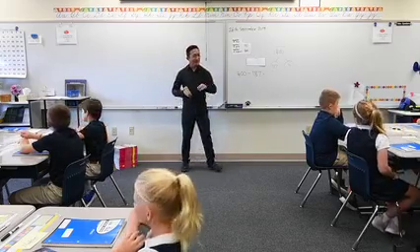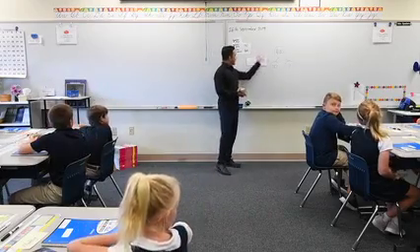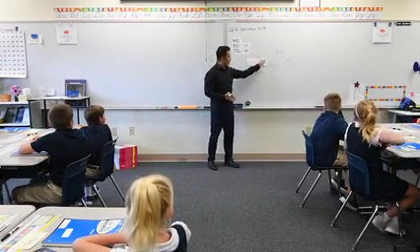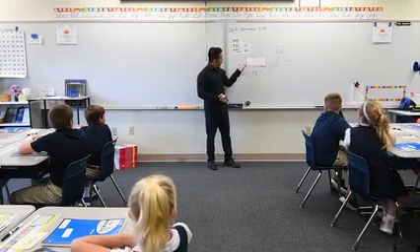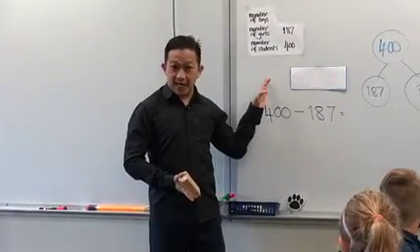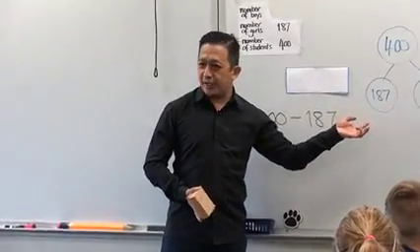Alright, sorry to interrupt you. So if this represents 400, are we able to see which part of the diagram might represent 187?